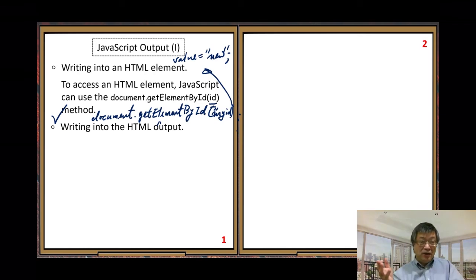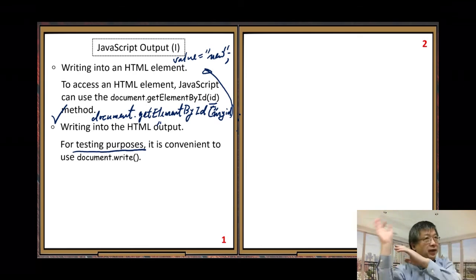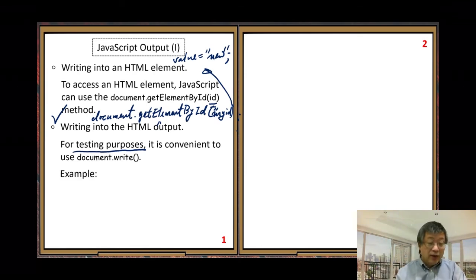That means the current document. For testing or debugging purposes, it is convenient to use the document.write method. Document, the whole current document, dot write. Then you write something to your document.